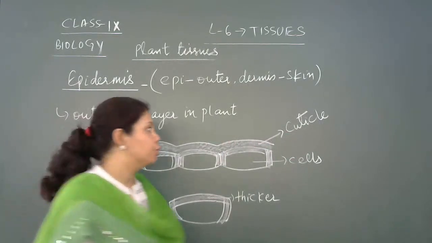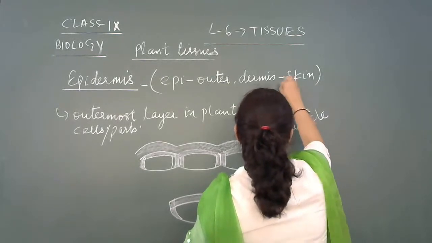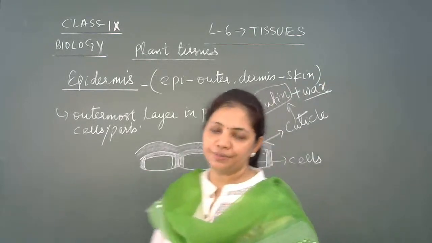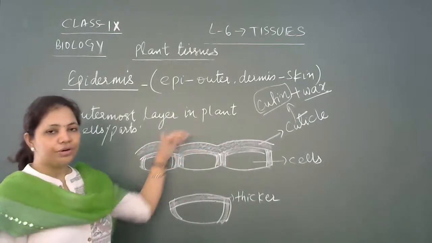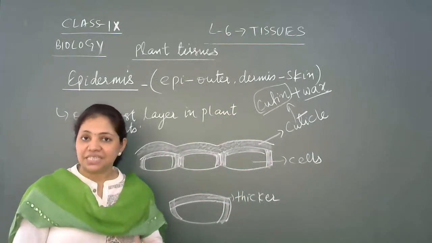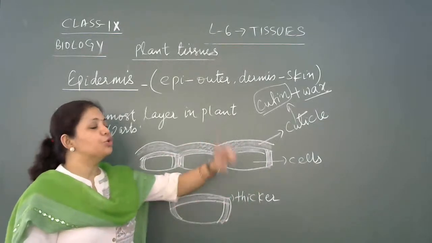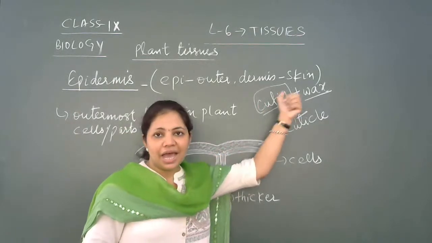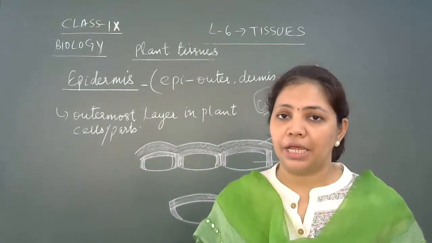Layer name is called cuticle, and it is made up of the material called cutin, and sometimes it is also present with wax, right? एपिडर्मिस के ऊपर आउटर साइड पे एक मटेरियल की नॉन सेलुलर लेयर है, मींस इट इज नॉट हैविंग एनी काइंड ऑफ सेल्स, इट इज सिंपली अ मटेरियल डिपॉजिटेड, सो दैट लेयर वी कॉल इट एज क्यूटिकल. लेयर का नाम क्यूटिकल है और किसकी बनी है वो cutin and wax, right? So that is how epidermis looks like.